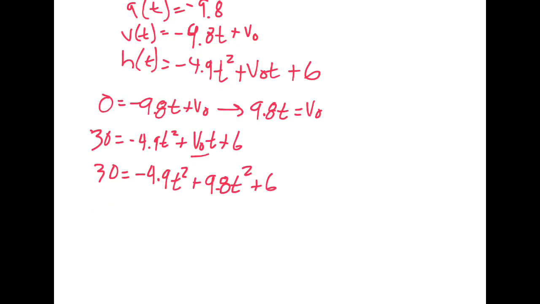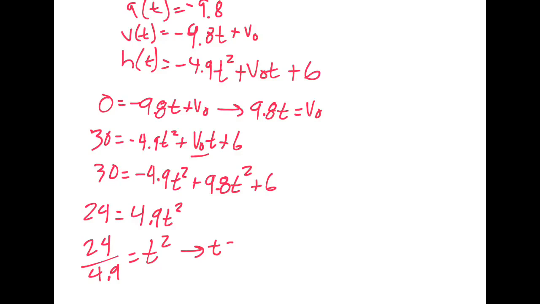Let's subtract that 6 over to get 24 equals positive 4.9 t squared. And so 24 over 4.9 equals t squared. So t equals the square root of 24 divided by 4.9.